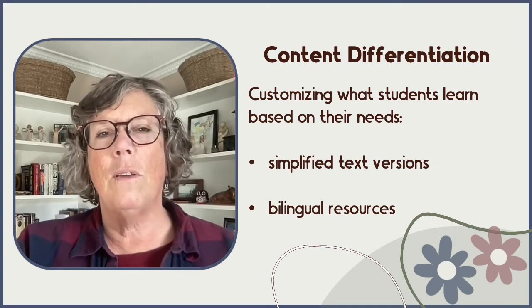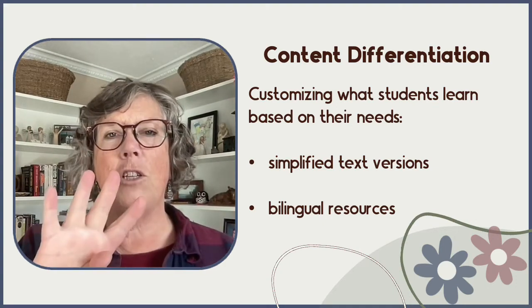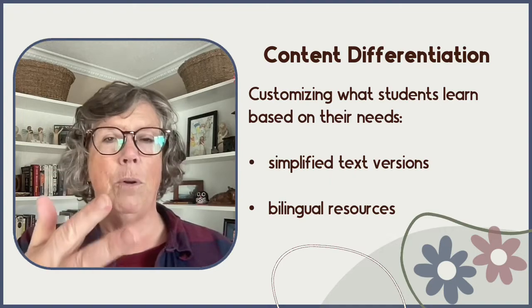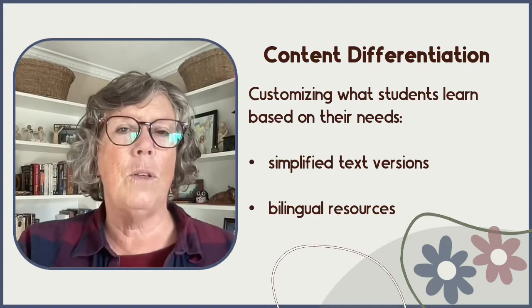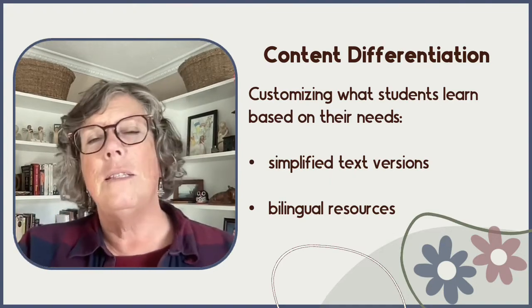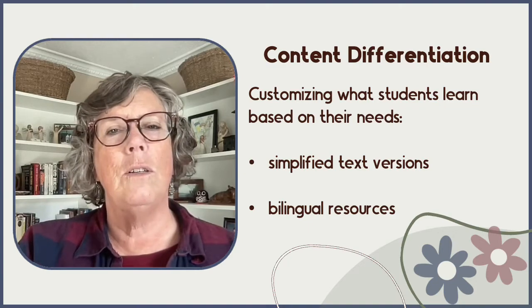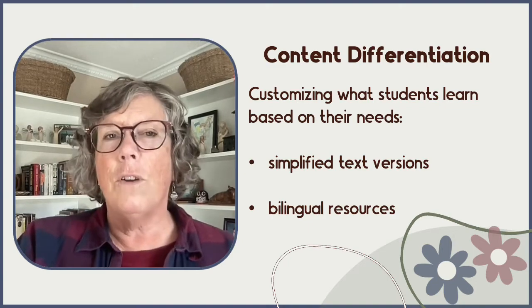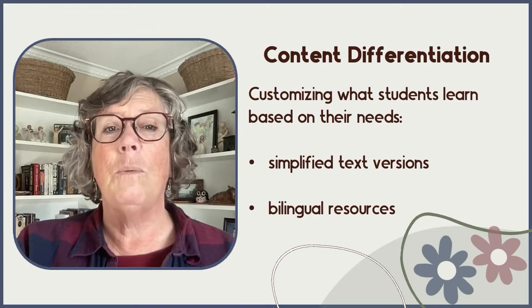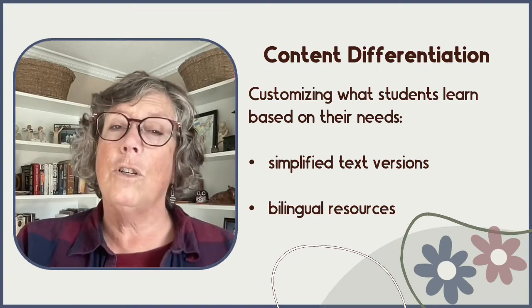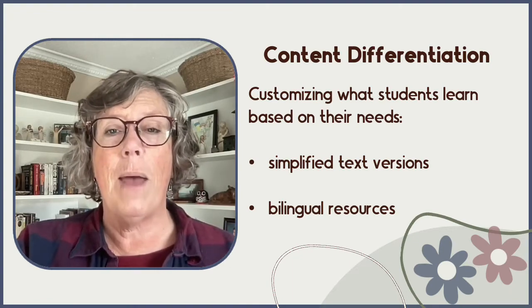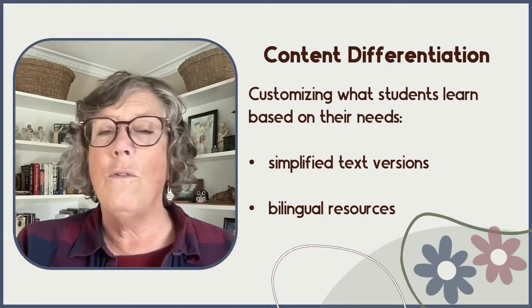So let's start with, okay, there are 4 principles to differentiation: content, process, product, and learning environment. So let's start with content differentiation. This involves customizing what students learn based on their needs. For example, providing ELL students with simplified texts, versions, or bilingual resources can help them access the core material without feeling overwhelmed.